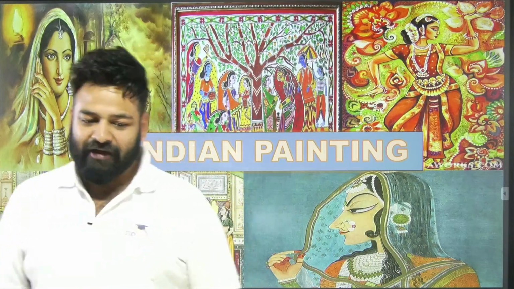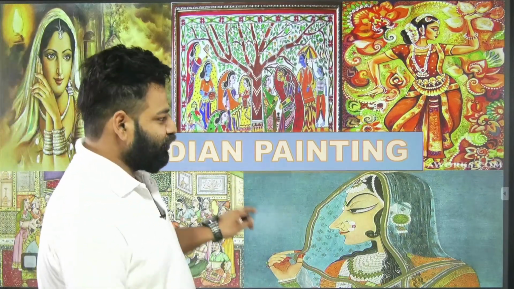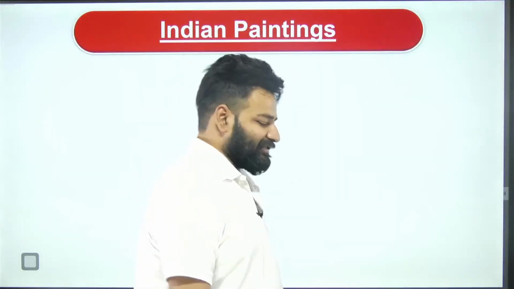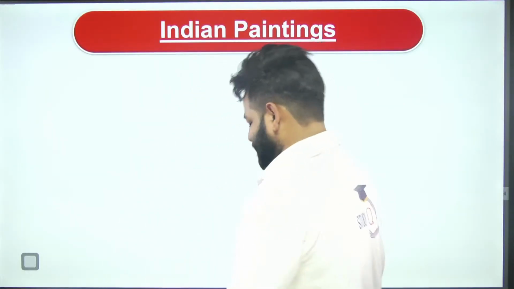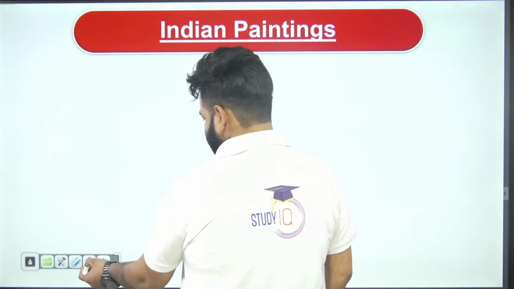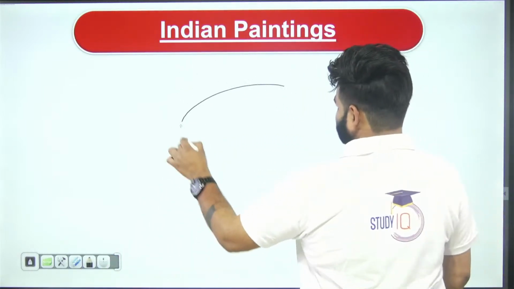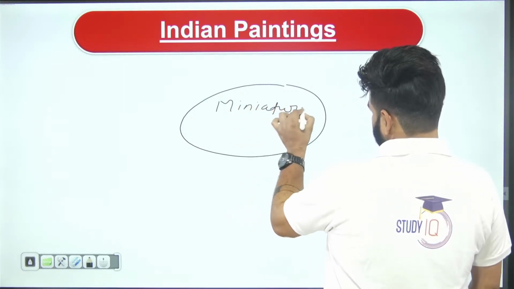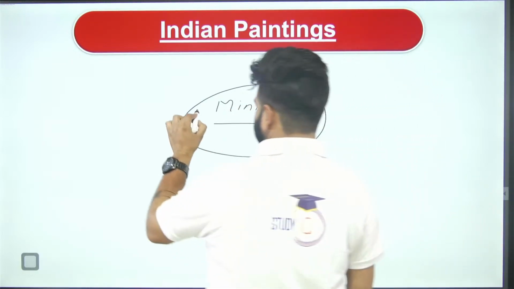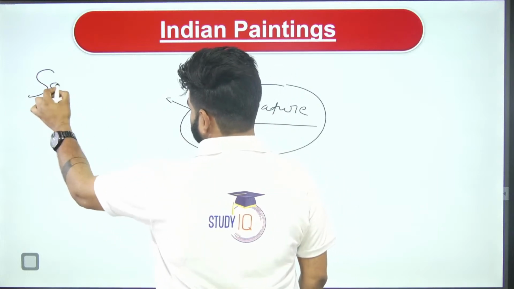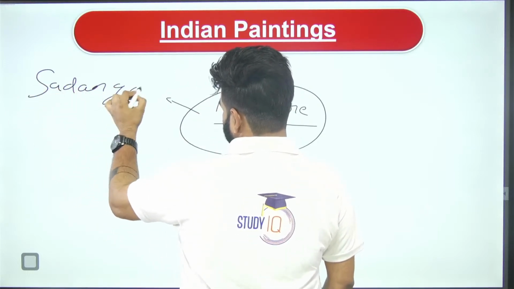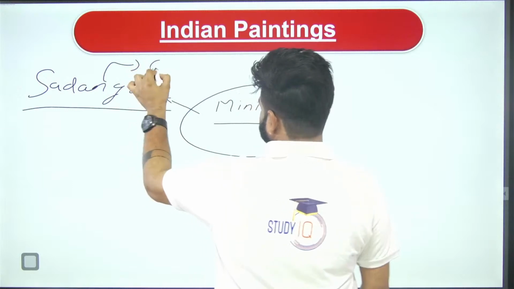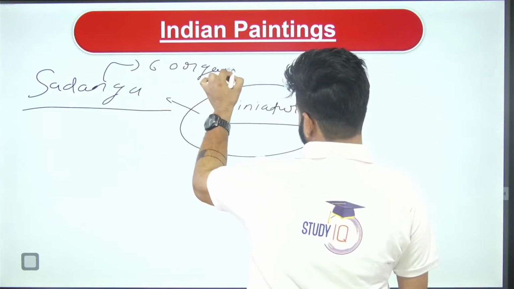Okay, so talking about yesterday's topics, let's first have a simple revision. Let's go through the facts that we discussed yesterday. It was Indian miniature paintings, and in that we discussed the Shadanga, that is simply six organs of the painting.